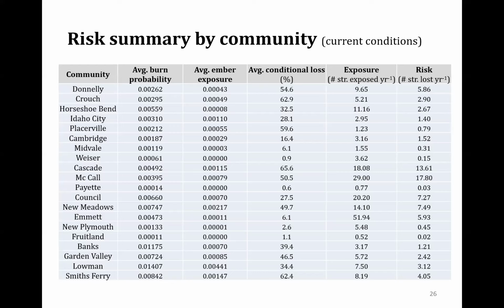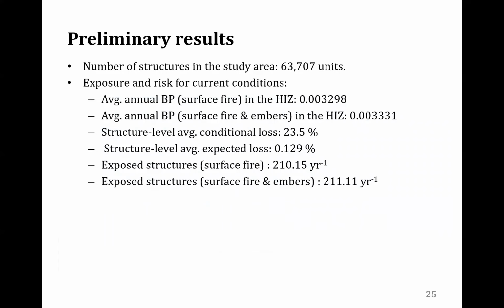So the reference of the home ignition zone is Cohen 2008, and it's at the very beginning, a 30 to 60 meter buffer. Depending on different studies, this will change, of course. But for this very specific case study, I used the buffer considered by Alexandre and others when they developed these conditional loss models.